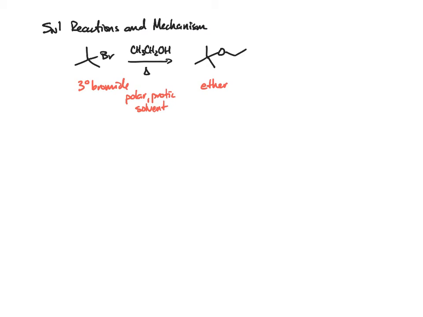So say you didn't want to use ethanol. Say you wanted to use formic acid. That's a polar protic solvent, formic acid. So what would this product be?